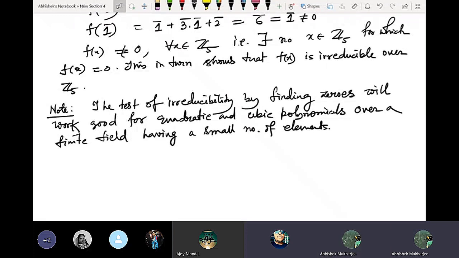If we consider a finite field having 1000 elements, then it would be very complicated to check for each element, right?